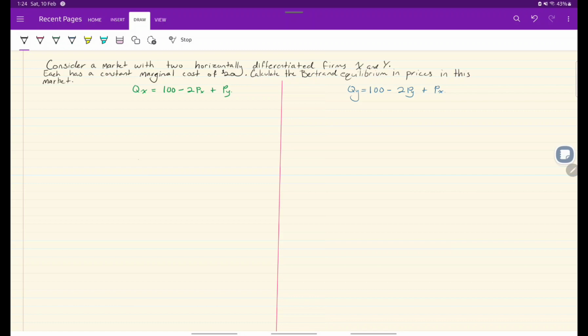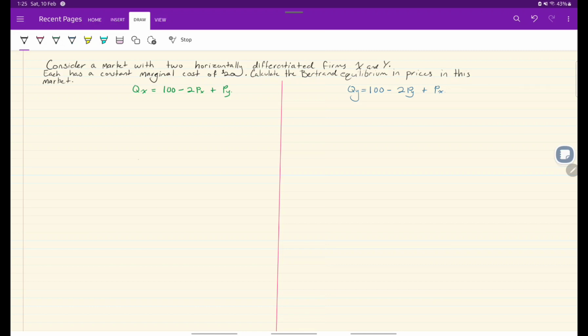So, break down the question a bit. You have a market with two horizontally differentiated firms. Horizontal differentiation essentially means that the product is perceived by customers as not being absolutely better than the other product, which implies that if one firm raises their price, they won't lose all their customers to the other firm.